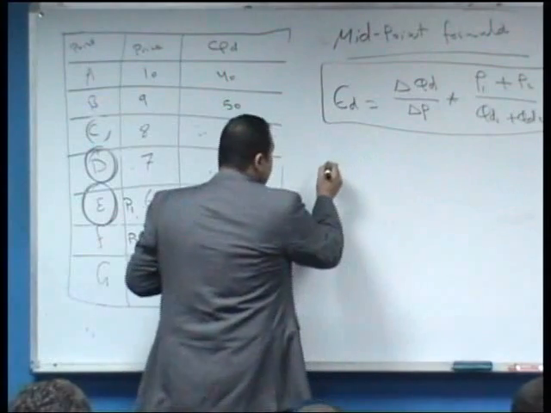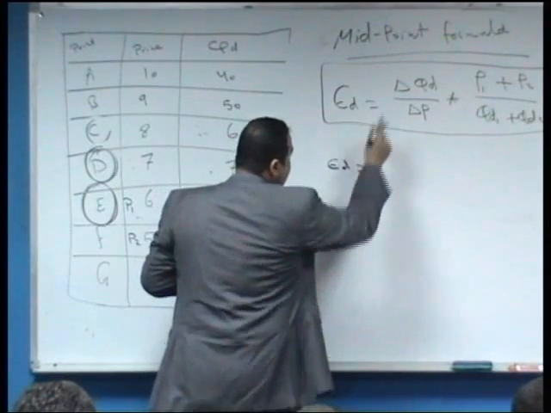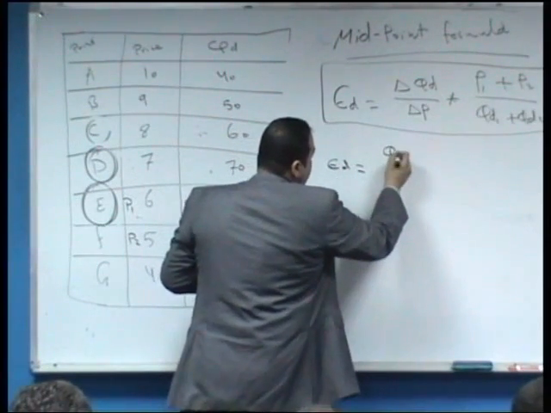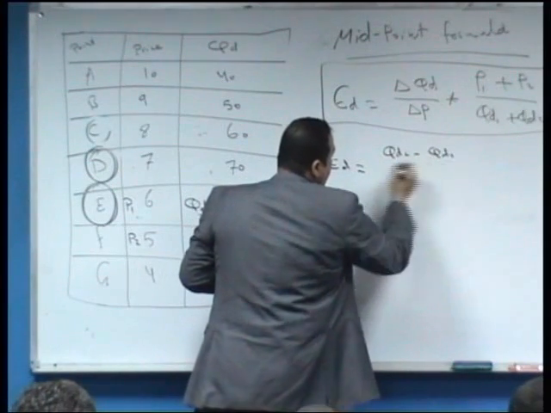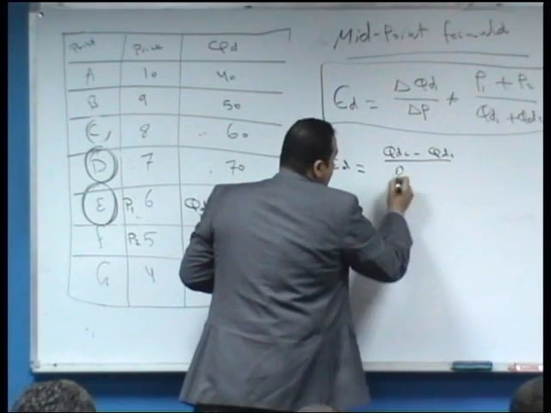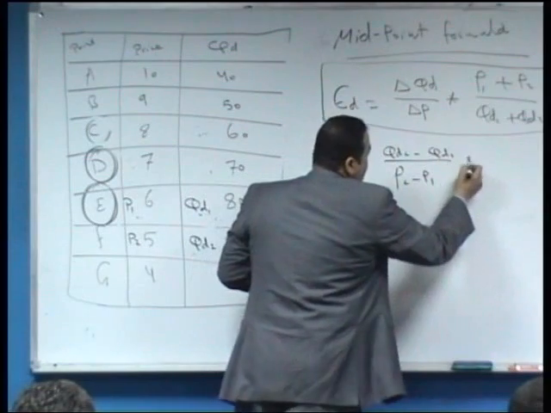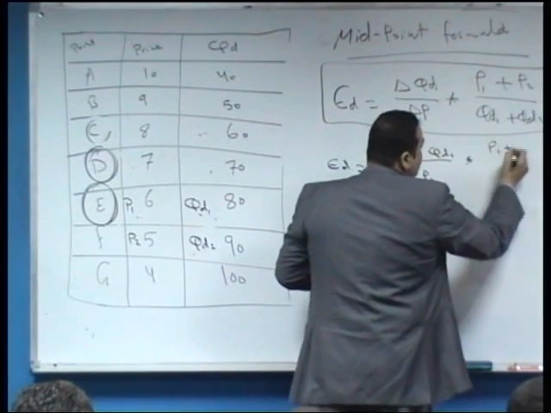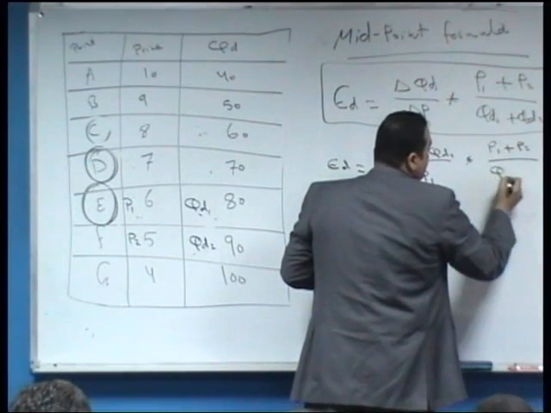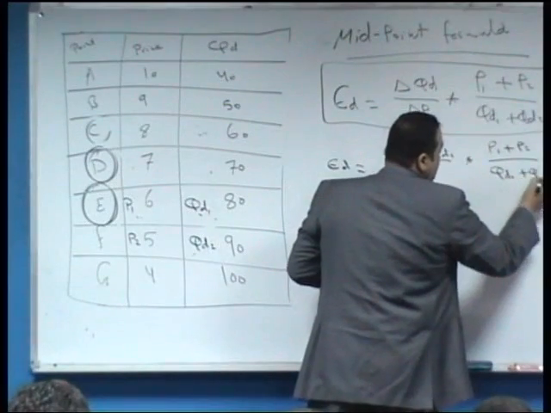So ED equals delta QD, QD2 minus QD1, over P2 minus P1, times P1 plus P2 over QD1 plus QD2.